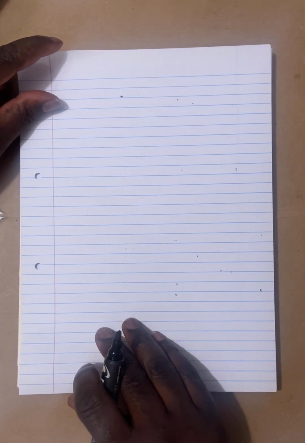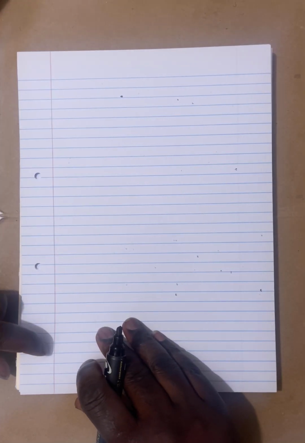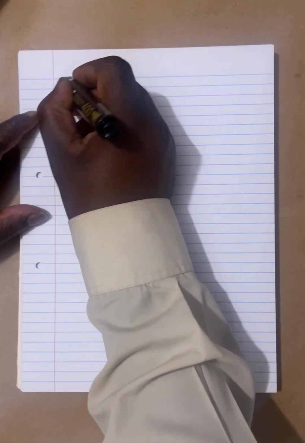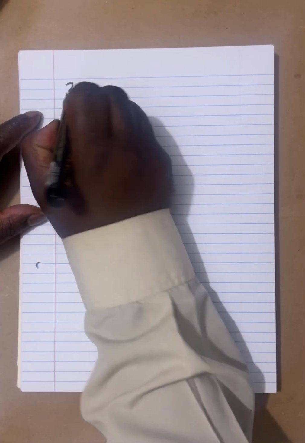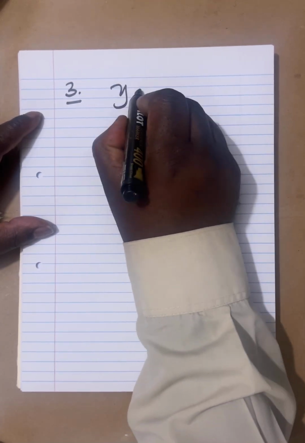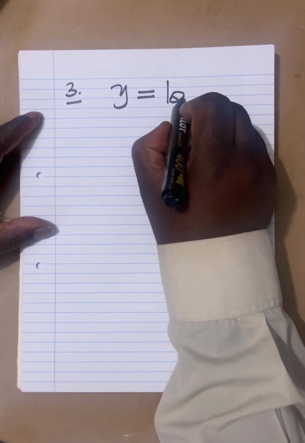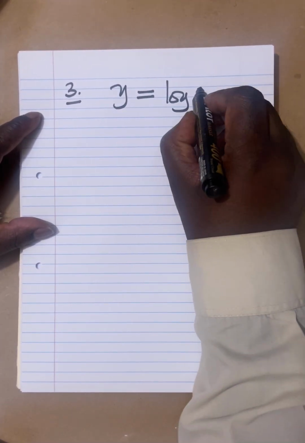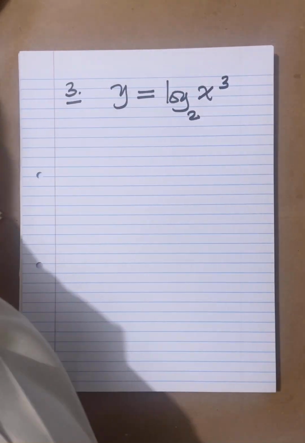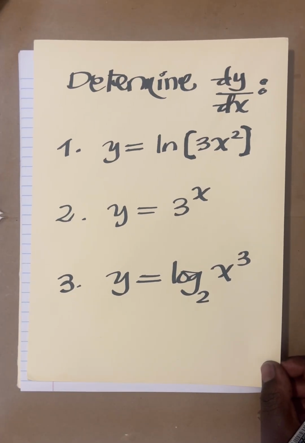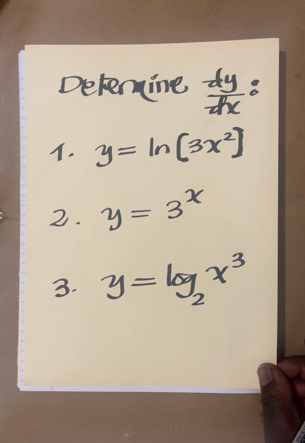Number 3, we have y is equal to log base 2 of x power 3. There is number 3. So what do we do in this case?